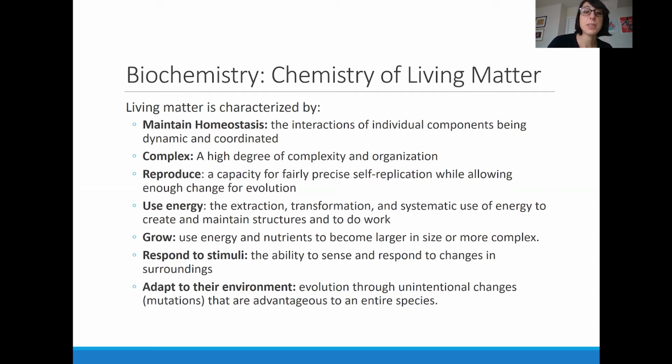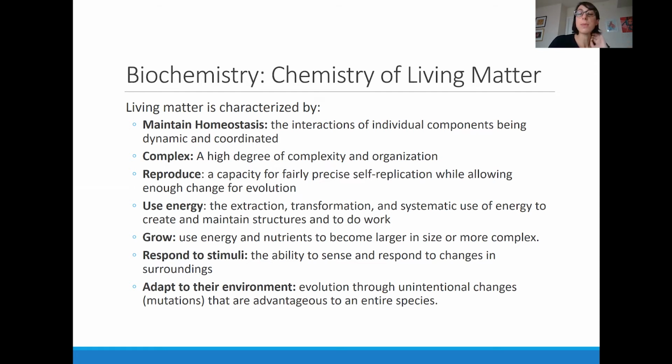It has to use energy, the extraction, transformation, and systemic use of energy to create and maintain structures to do work. It also has to grow. So it uses that energy and nutrients, and it has to become larger in size or more complex in general. It has to respond to stimuli. So this is like a short-term response, the ability to sense and respond to changes in the surrounding of it.